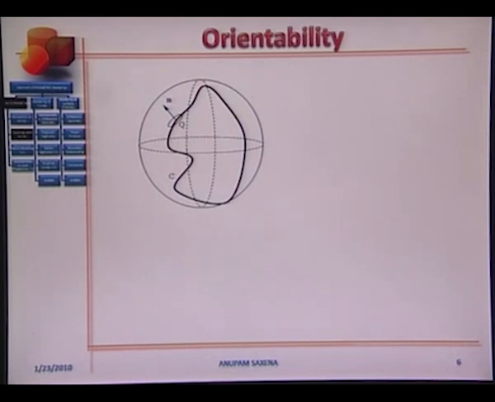Consider a sphere here. Imagine that you're standing at point Q with your head pointing upwards.